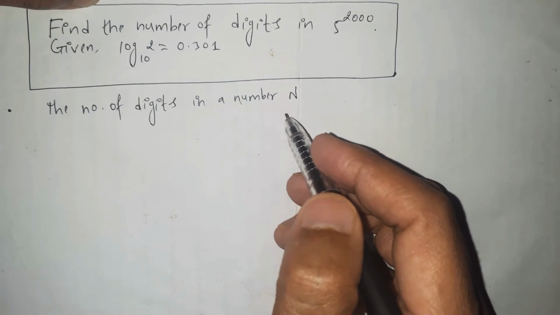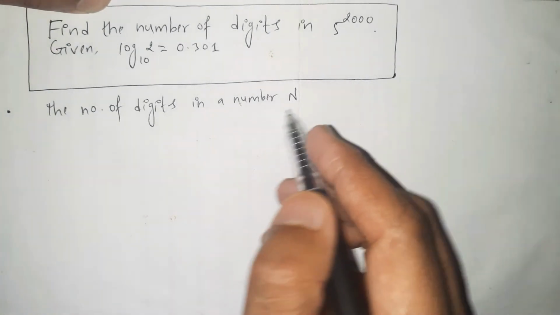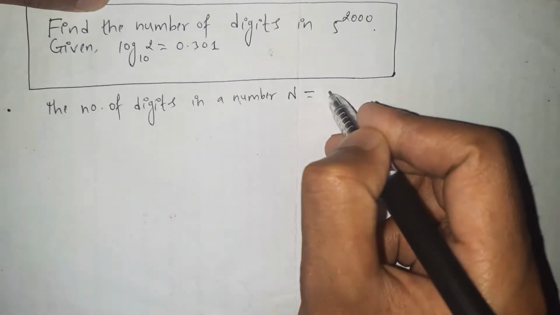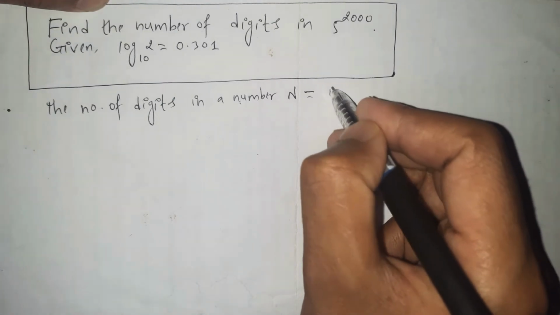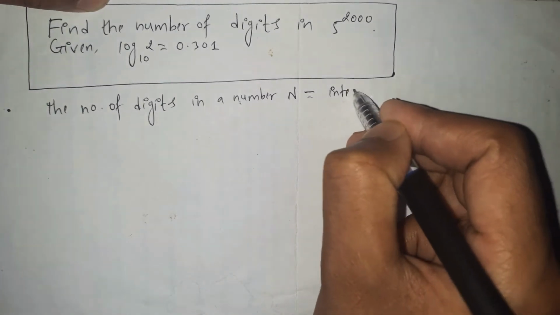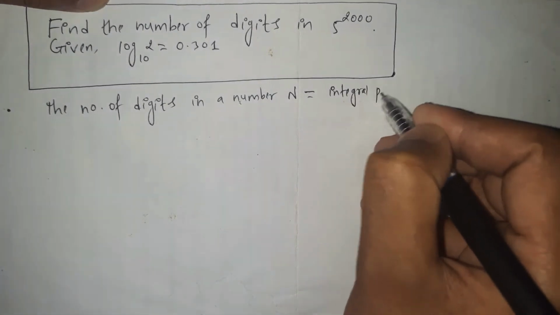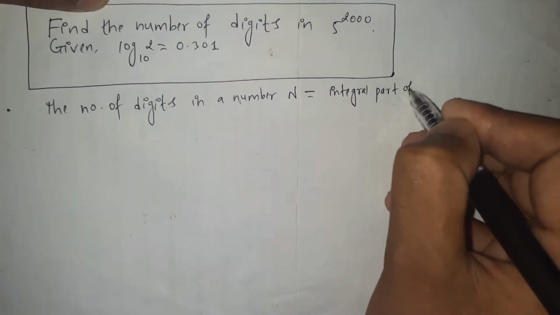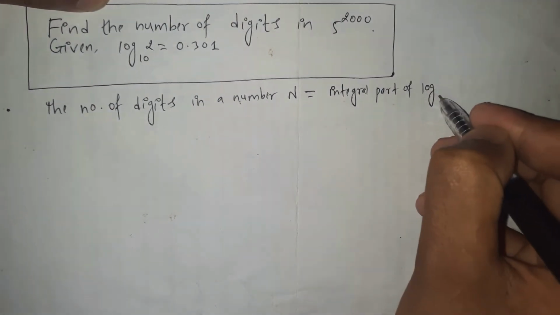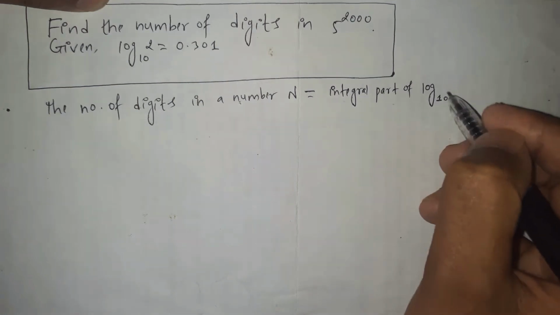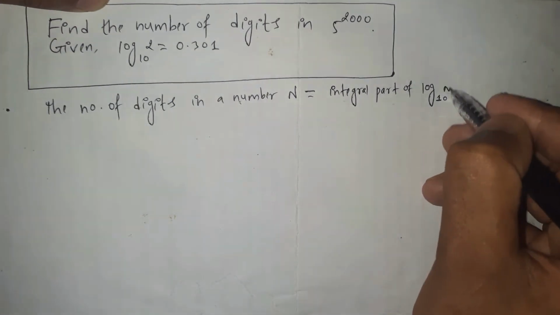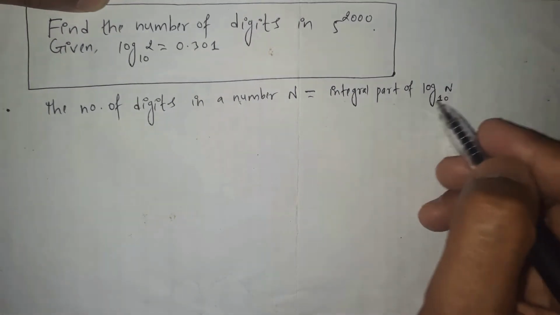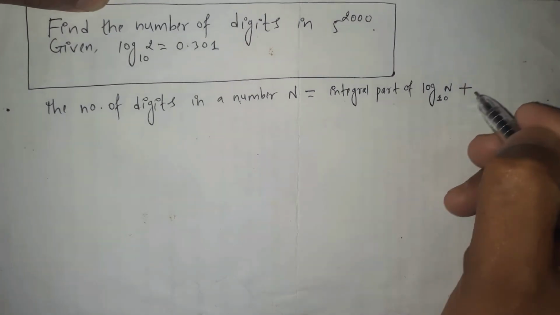The number of the digits in the number n is calculated by the formula: integral part of the common log of that number n, plus 1.